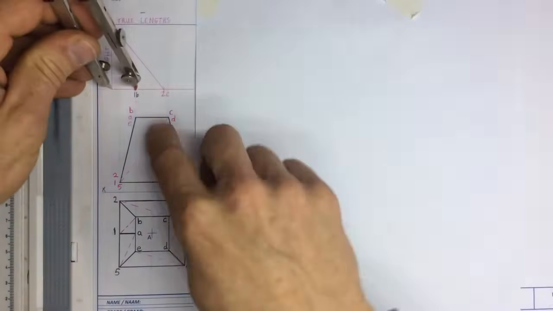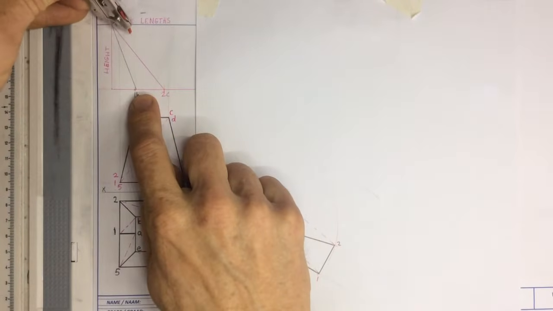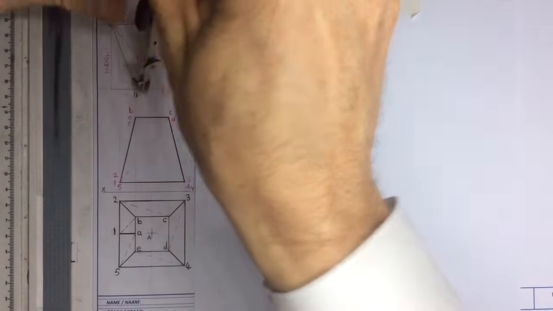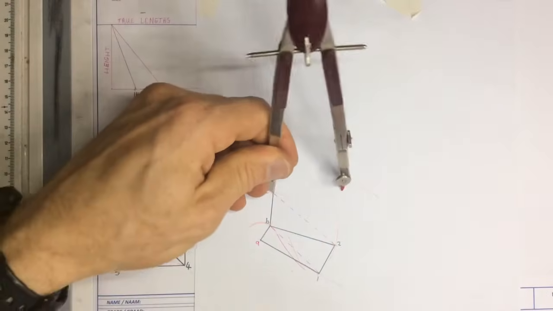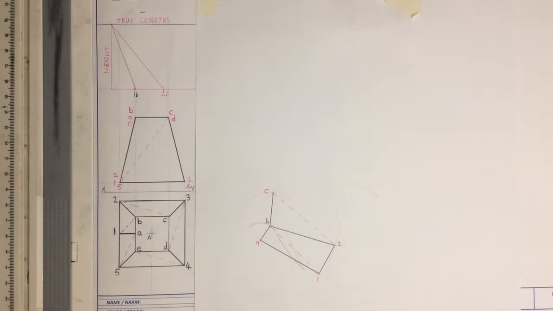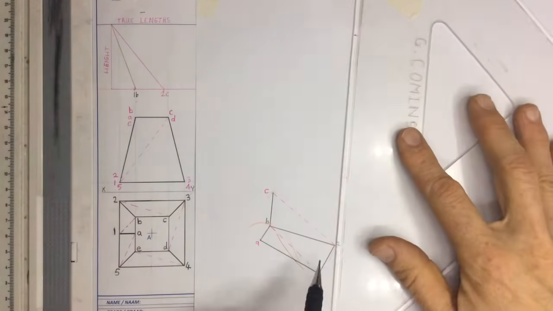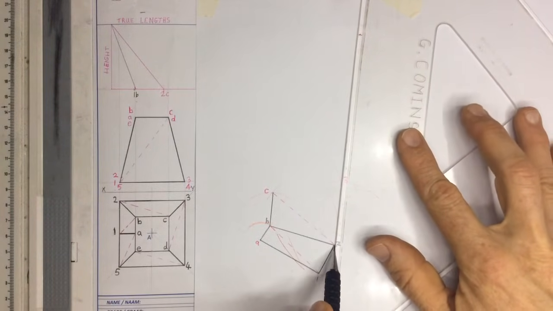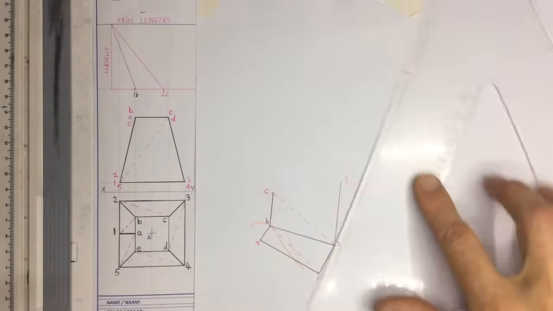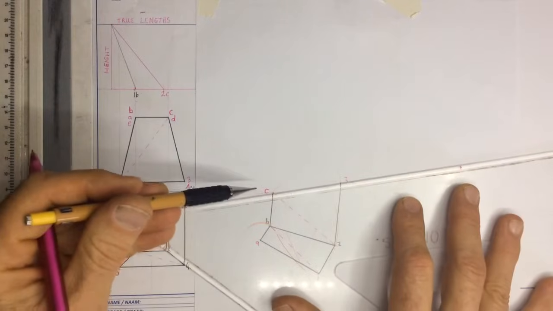It should be the same as this line 1B, so I take that true length distance over there, take that to C, mark that off. I should have 3 over here. Once I've got that, draw the lines in between 2 and 3, and between C and 3.